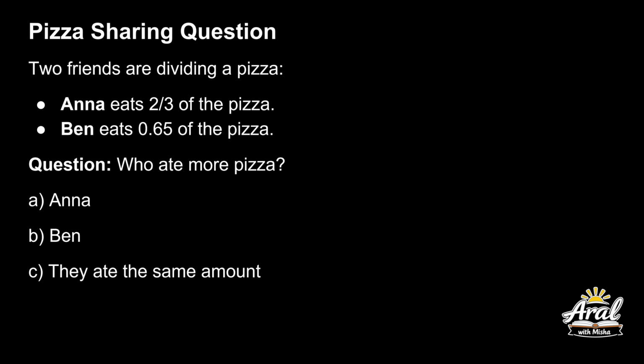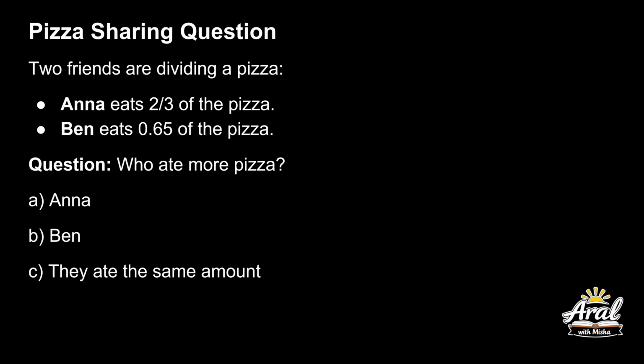Okay, pizza sharing. Two friends are dividing a pizza. Anna eats 2/3 of the pizza. Ben eats 0.65 of the pizza. Who ate more pizza, Anna or Ben, or they ate the same amount? So, gawin natin fraction, no?